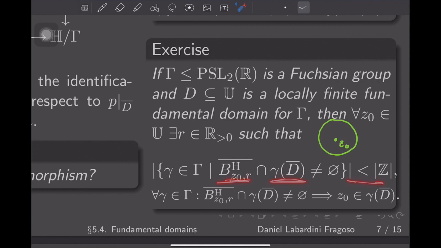So it doesn't matter what radius I take. But the extra property is that for any gamma that makes D bar overlap, necessarily Z naught is already there.